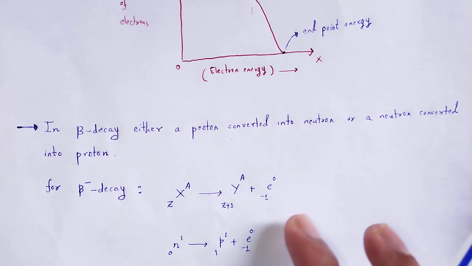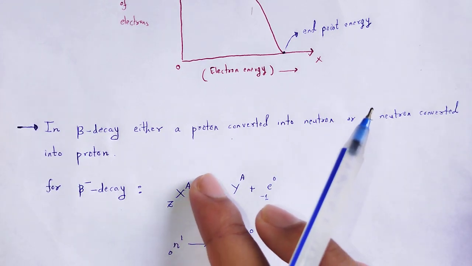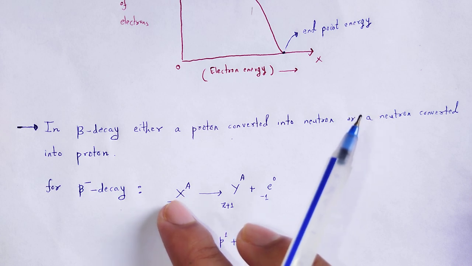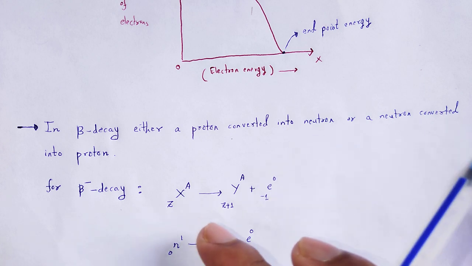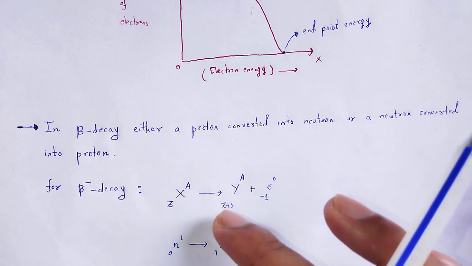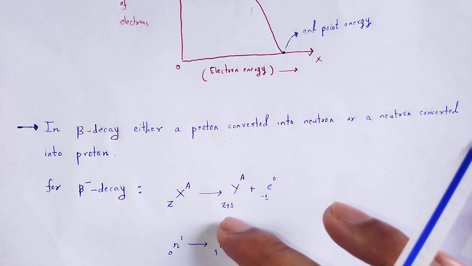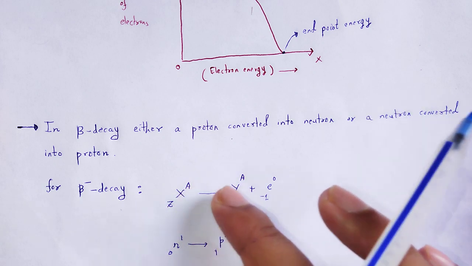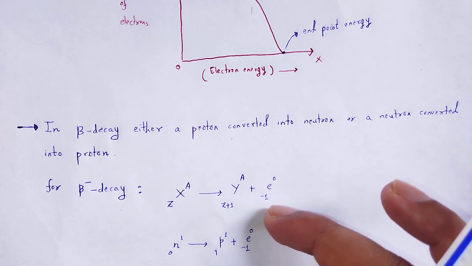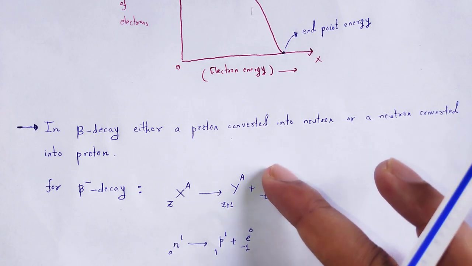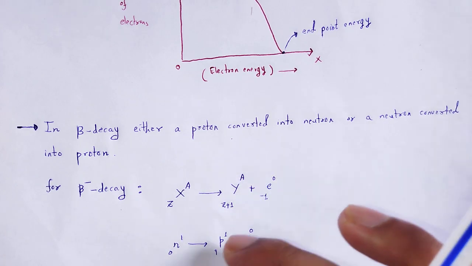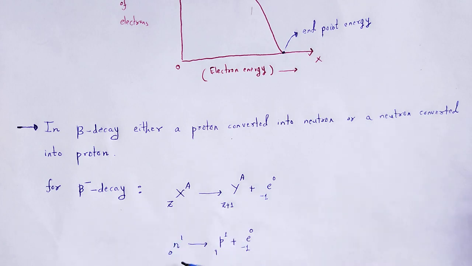In beta minus decay, this is the parent nuclei, atomic number Z, mass number A. Under beta minus decay, we obtain the daughter nuclei with atomic number increased by 1 unit, mass number same, and an electron is emitted. Here a neutron is converted into a proton with the release of an electron.